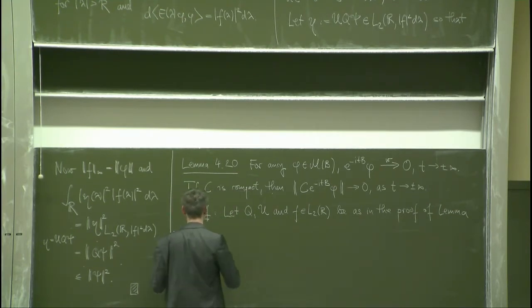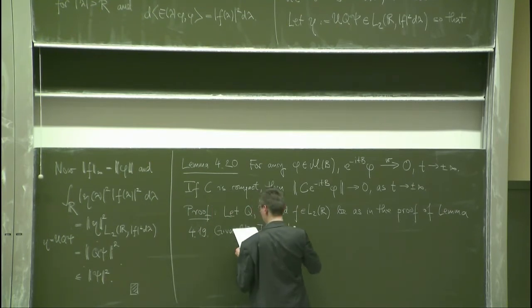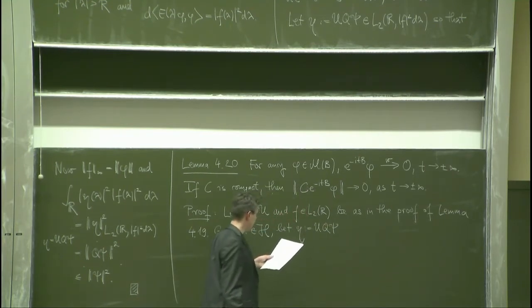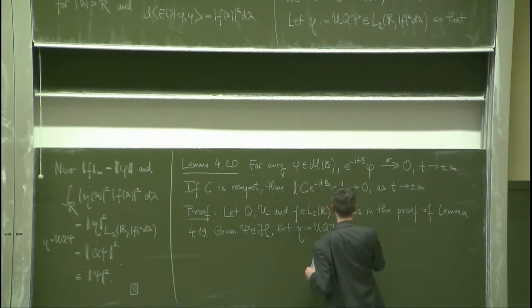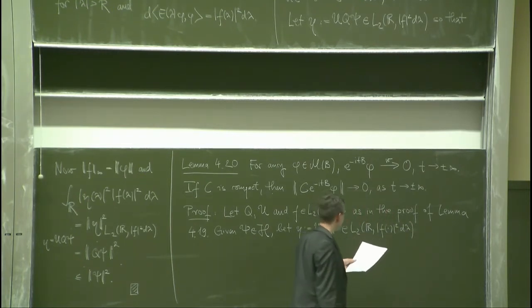Now, given psi in the Hilbert space H, we again let eta be defined as U cube psi, which is then in L2 of R with the measure absolute value of f to the power of 2 d lambda.